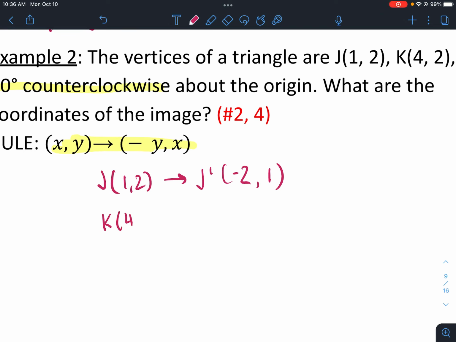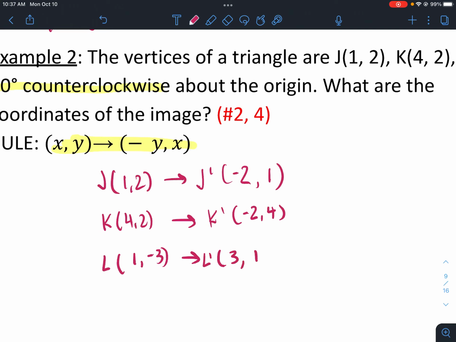K was (4, 2), so K prime would then be (negative 2, 4), right? Negative y, so you take the opposite of y, putting it first, comma, just your x. L is (1, negative 3). If I had to rotate it, L prime would be (3, 1).